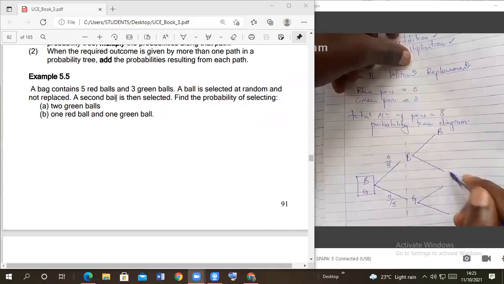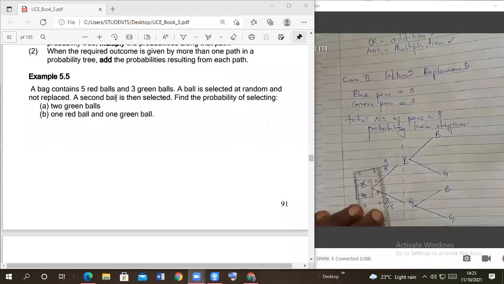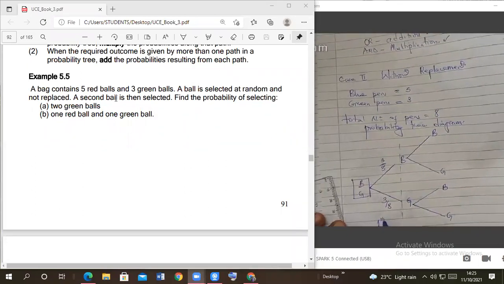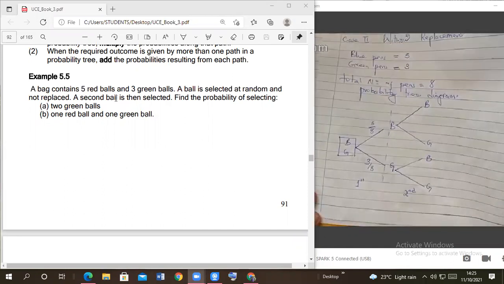So you get blue, green, blue, green. This is the first picking, then this is the second picking. Members, are you following me? Cynthia? Yes, teacher. All right.